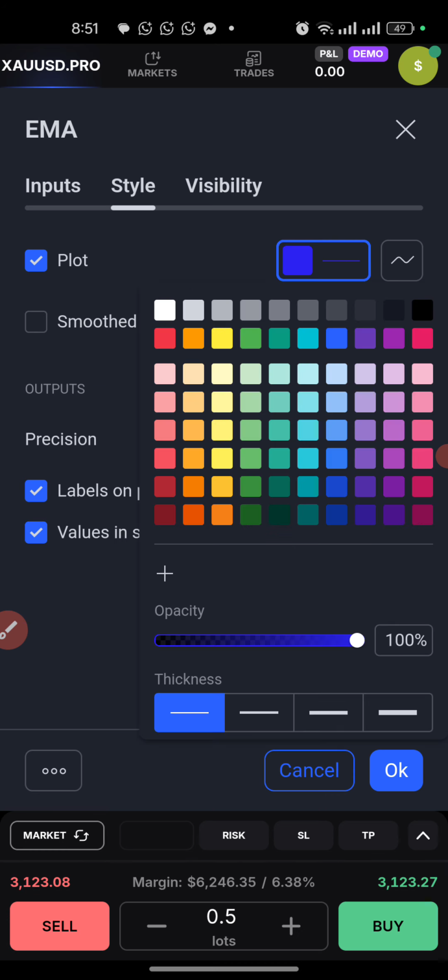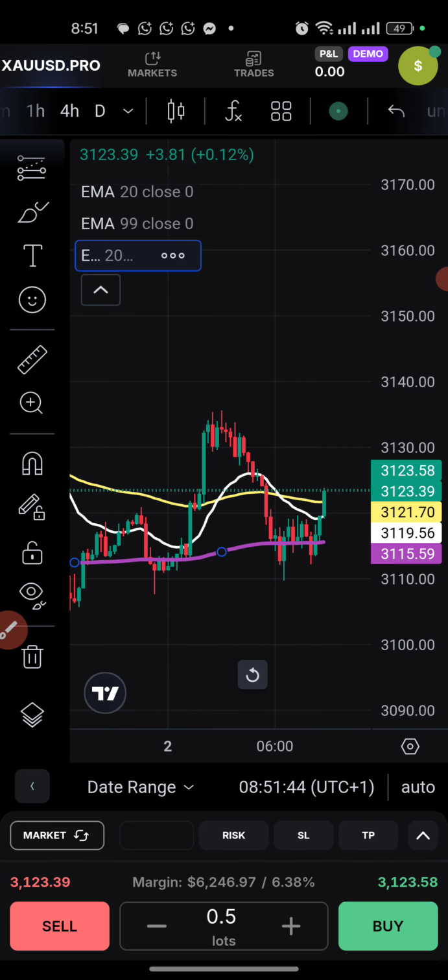I usually like to use purple or pink, but I'll make it bold. I usually make my 200 bolder, because the role your 200 EMA plays is very significant.